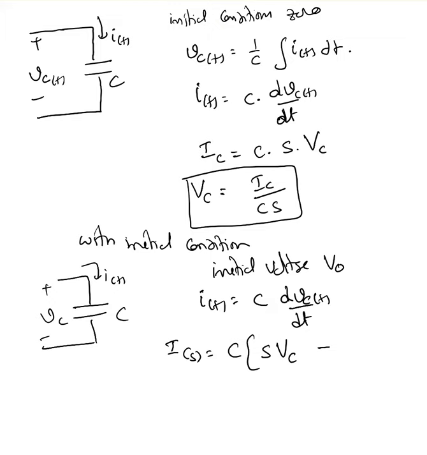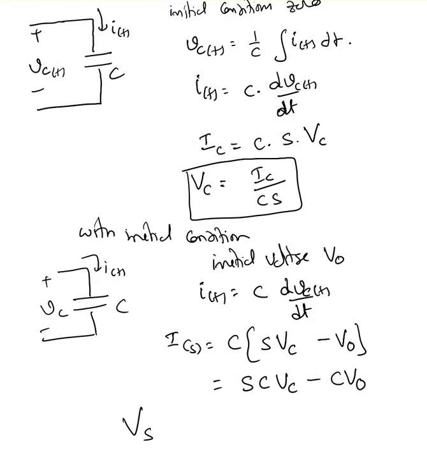So that equals S times C Vc minus C times V naught. V of S, the Laplace transformation, is always a capital letter. So Vc equal to 1 over SC times I of S.